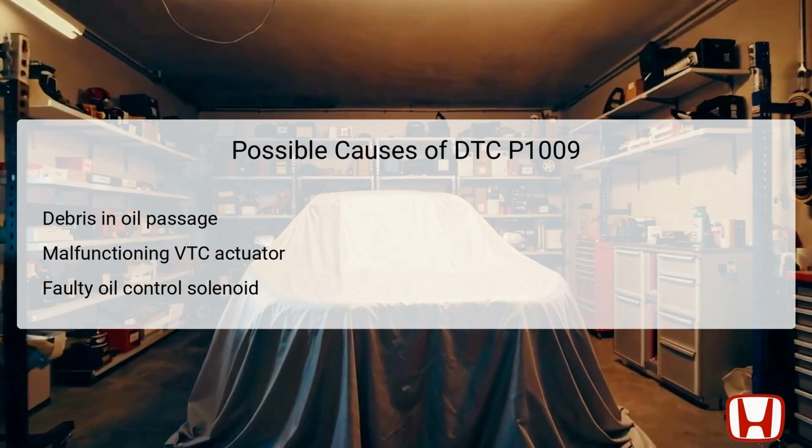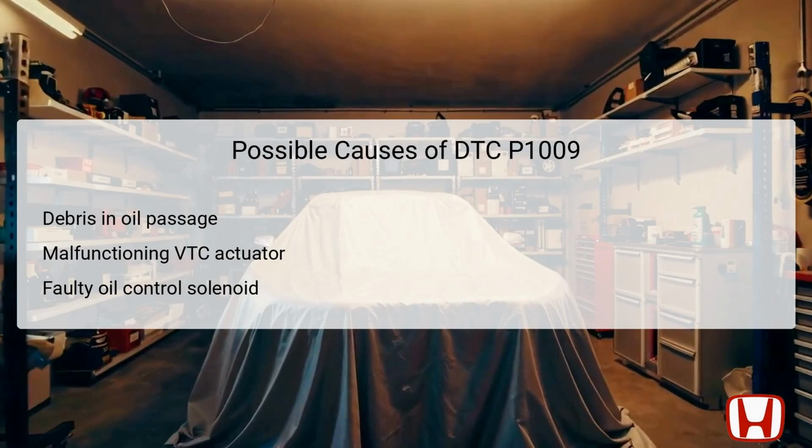DTC P1009 can arise from several possible causes. One common issue is the presence of debris or clogs in the VTC system oil passage, which can inhibit oil flow necessary for the VTC actuator to function properly. Another potential cause is a malfunctioning VTC actuator A, which may fail to adjust the camshaft timing accurately.